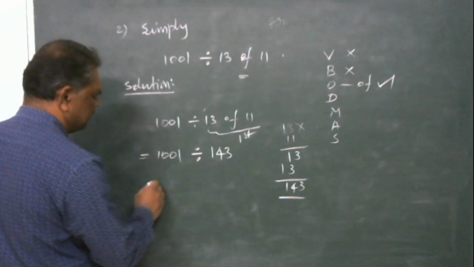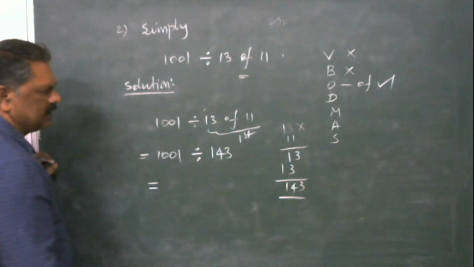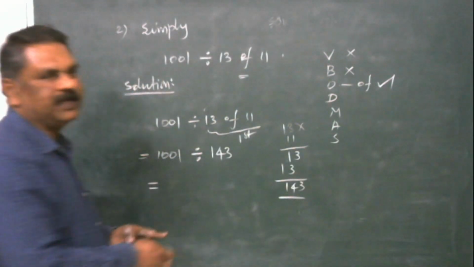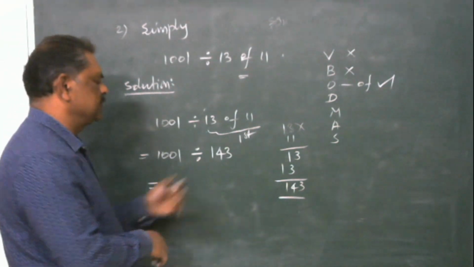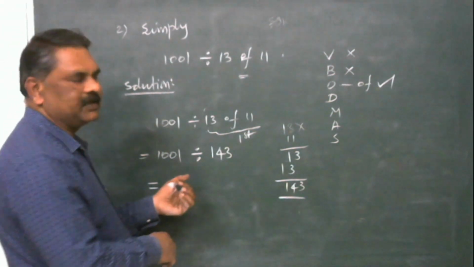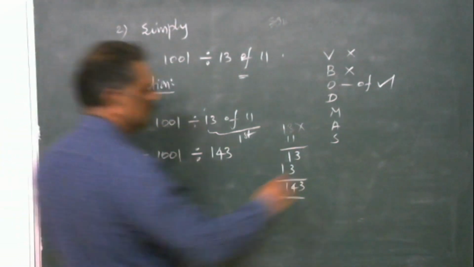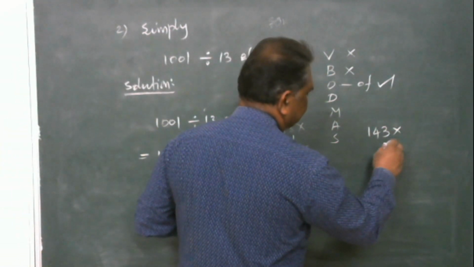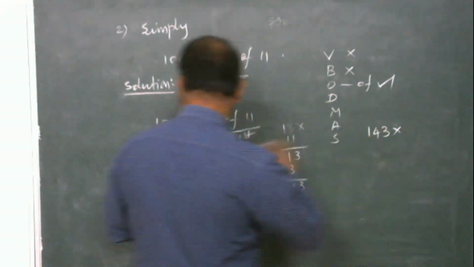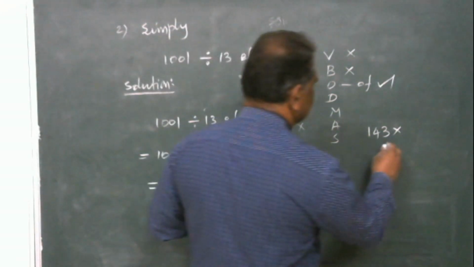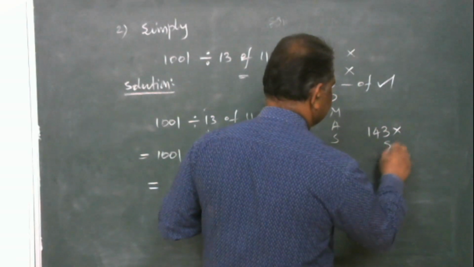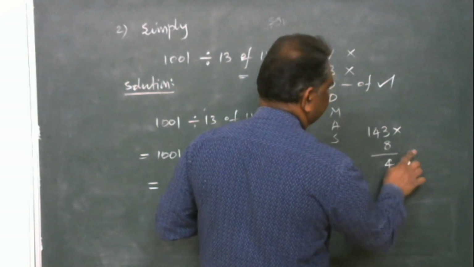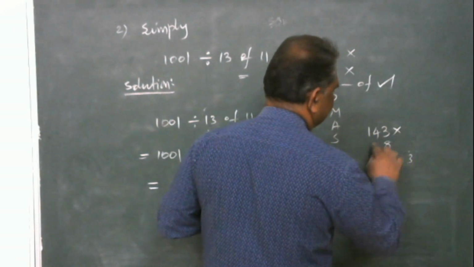The next only one operation is there. So you can divide 1001 divided by 143. Let me multiply 143 by 8. 3 8s are 24, 4 8s are 32, plus 2 is 34, 8 plus 3 is 11.